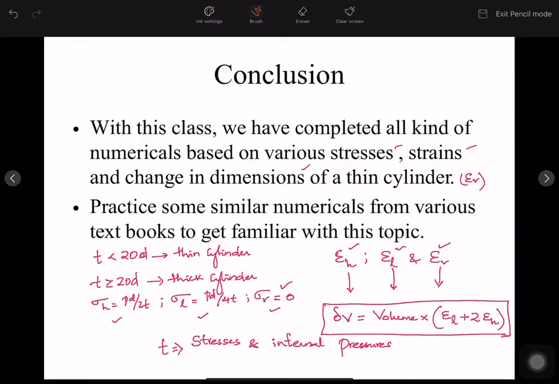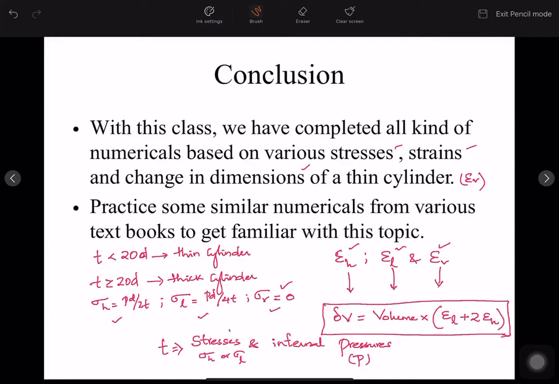So stresses means sigma H or sigma L based upon the given conditions, and internal pressure is P, that is, the cylinder is subject to a certain oil pressure or water pressure or any different liquid pressure or gaseous pressure.